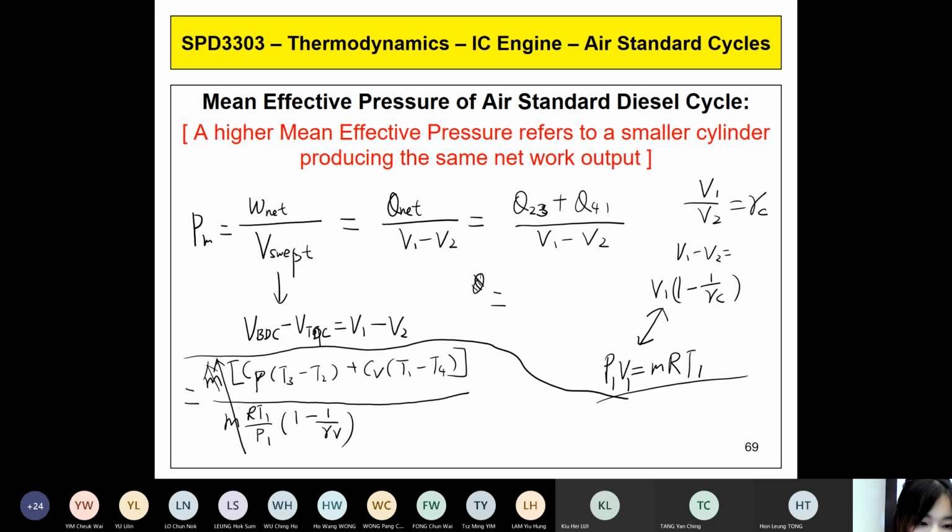Now this is the calculation, the representation of mean effective pressure for this air standard diesel cycle. Okay. At this point, any problems for these equations, for these definitions? If no, we are going to go through the class tutorial. Any problems?